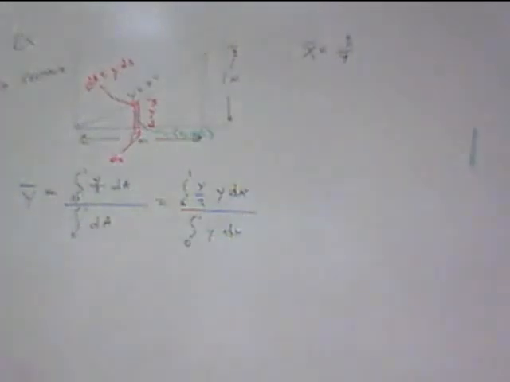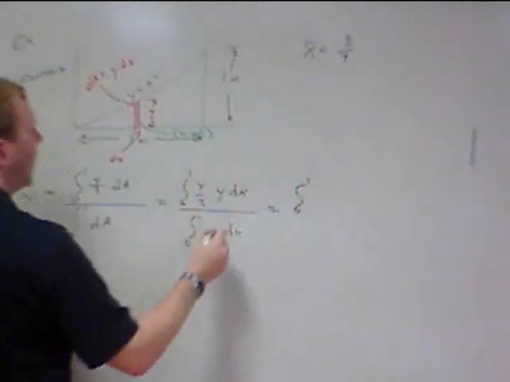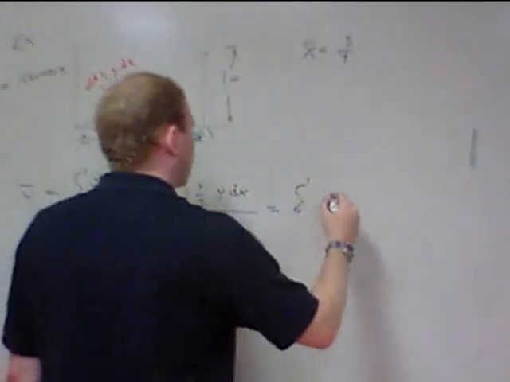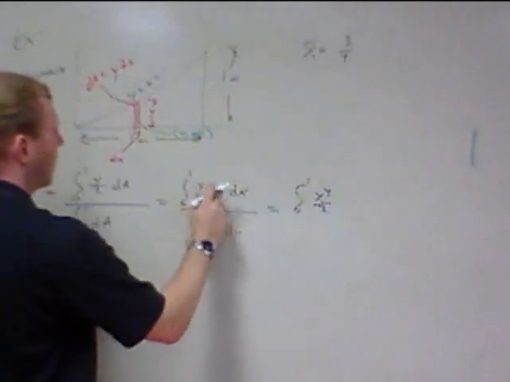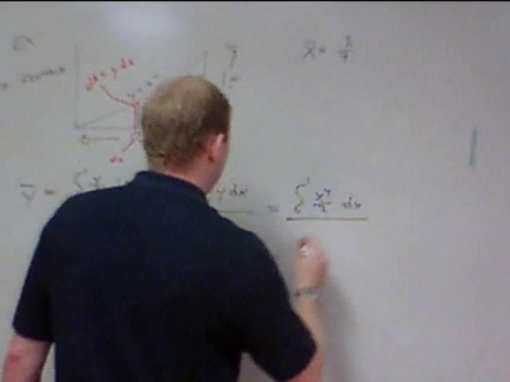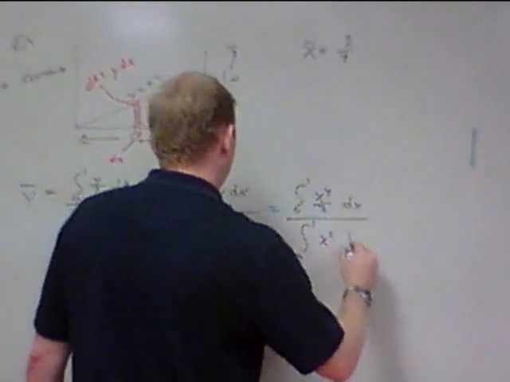Again, I'm still integrating over x, so I need to substitute in for y. So this becomes the integral from 0 to 1 of y over 2, and y becomes x squared. Substituting in, this becomes x to the 4th over 2, divided by the integral from 0 to 1 of x squared dx.